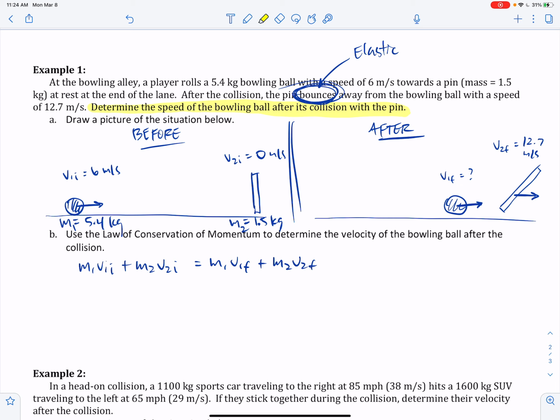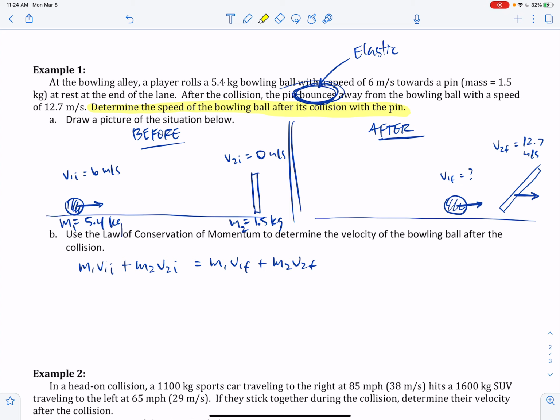What that's saying is the total momentum of the bowling ball and the pin before the collision is going to be equal to the total momentum of the bowling ball and the pin after the collision. This is the bowling ball, object 1. This is the pin before. This is the bowling ball after the collision, and this is the pin after the collision. Total momentum is supposed to remain constant. That's what it means to say that momentum is conserved.